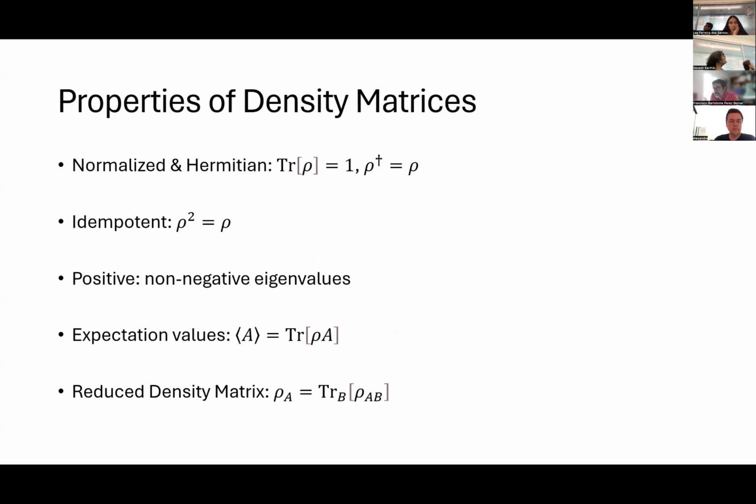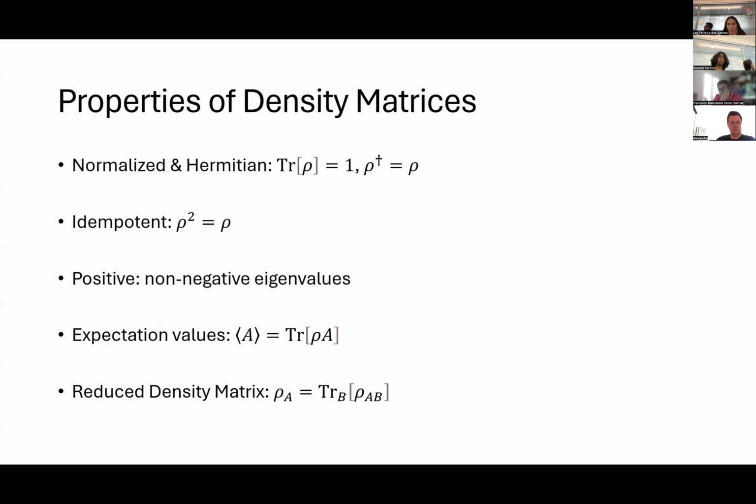So some properties of the density matrices. They're normalized, which means that the trace, which is summing the diagonal of the matrix, will equal 1. They're Hermitian, meaning the Hermitian conjugate is equal to itself. They're what's called idempotent, which means multiplying the density matrix by itself will always return the initial density matrix, however many times you multiply it.